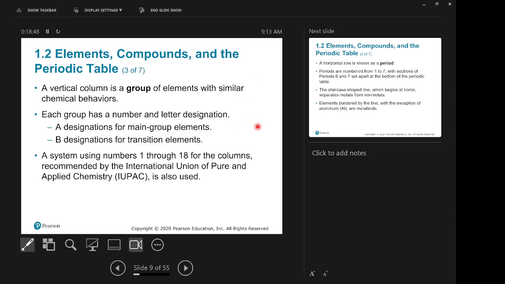So the vertical column, again, is groups. These are going to be elements with similar chemical behaviors. We'll go into why that is a little bit later, but understand that everything about this periodic table is experimental. It was from what we saw experimentally. And so it's all due to very concrete concepts that just stack up. There's nothing random about a periodic table.